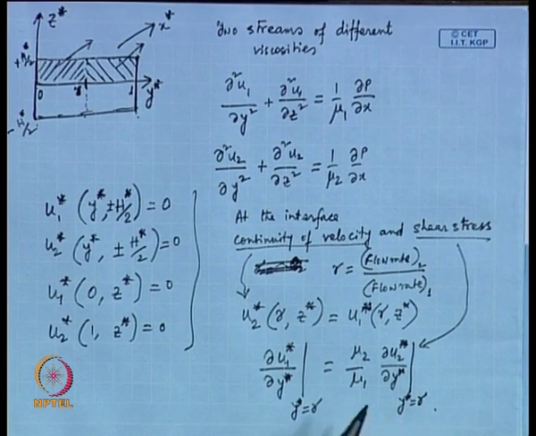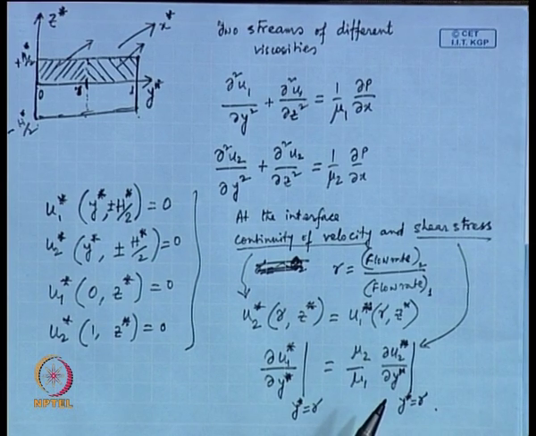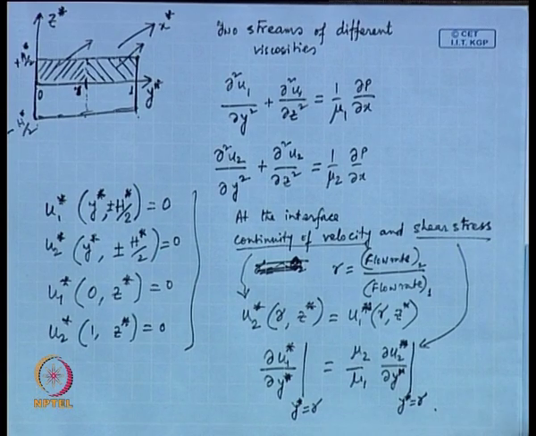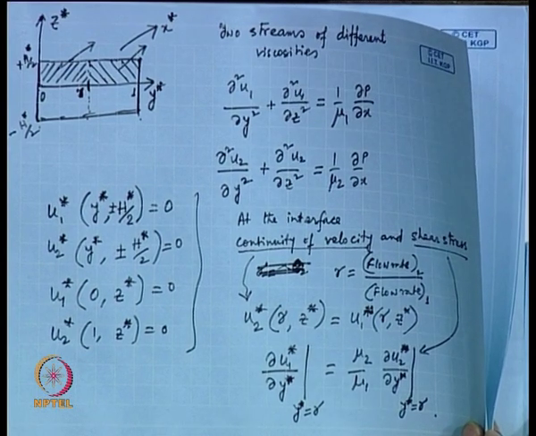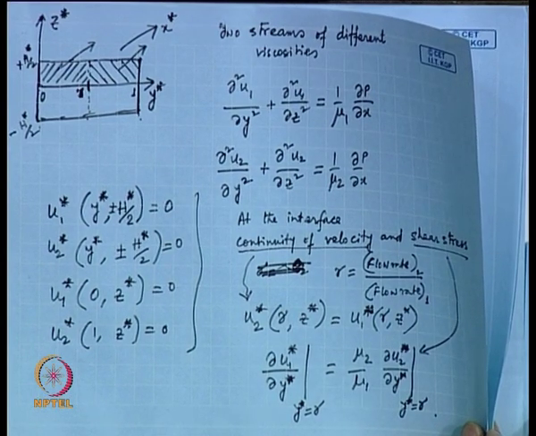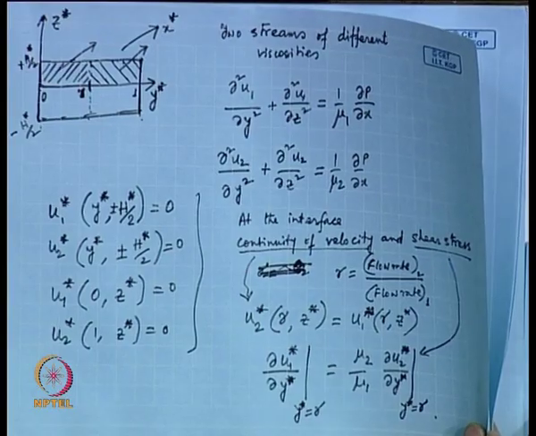However, you would probably be more comfortable solving it numerically; going to the numerical solution would definitely be better instead of writing a big series form. So, this is as far as the equations are concerned for the two streams flowing.